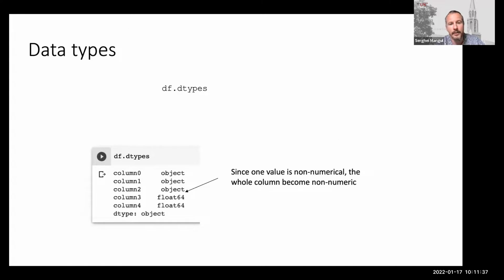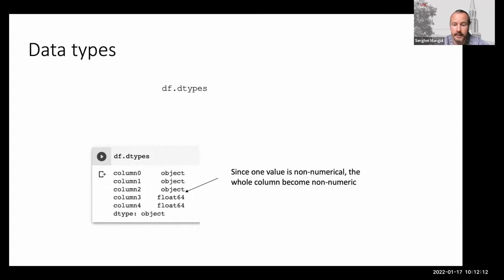Okay, so data types. You can actually look at the data types of your columns, right? It's a very simple command: df.dtypes. As soon as you type this command, you will see this kind of output on the screen, and this output will let you know where you have numbers and where you have strings.